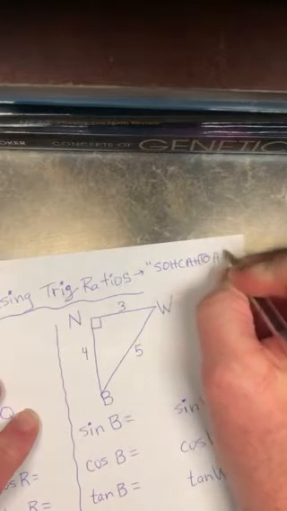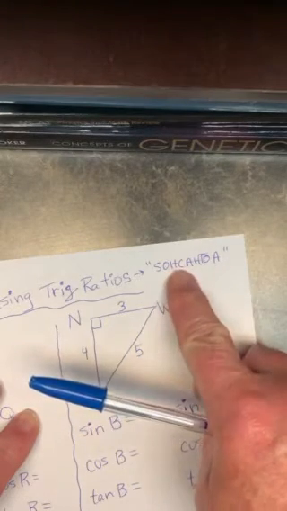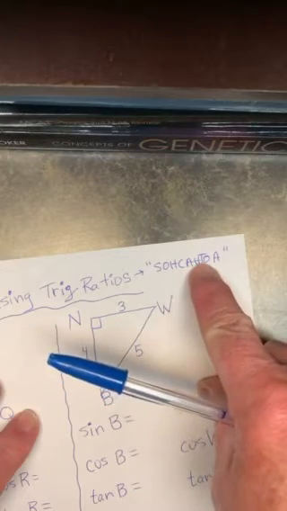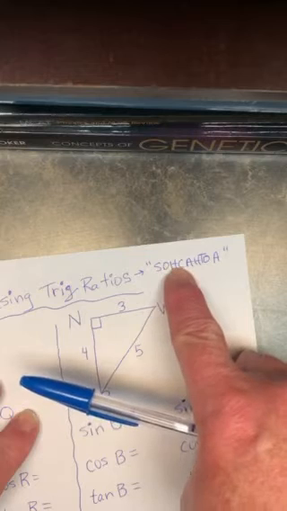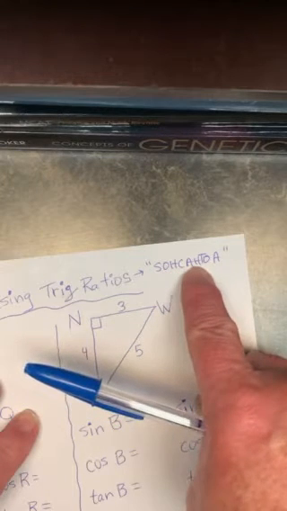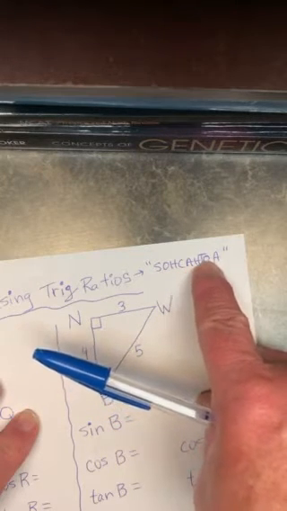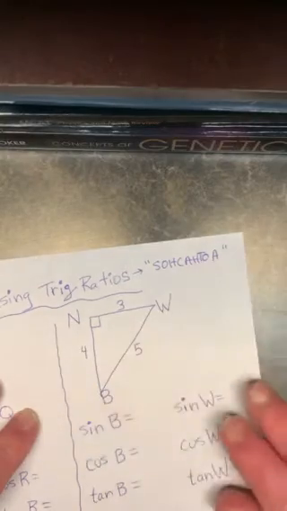Sine is opposite over hypotenuse. Cosine is adjacent over hypotenuse. Tangent is opposite over adjacent. Write that word down.